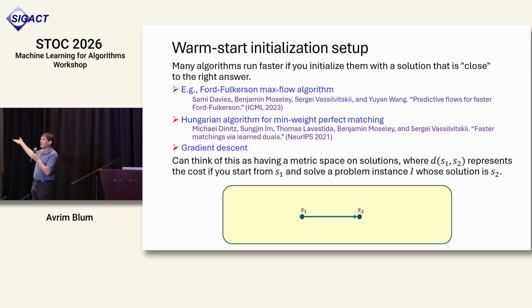You can think of this as an upper bound. Maybe you can prove that the running time of your algorithm has an upper bound that depends on this distance. And the distance could be something abstract or something concrete, like in the case of max flow, where the theorems show that the L1 distance between the flow vectors can be used as an upper bound.